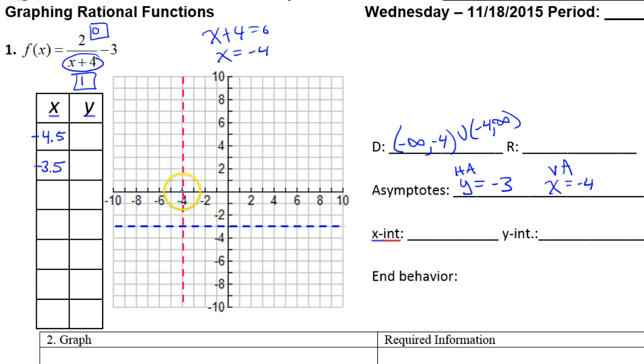Okay, beyond that, you can use a couple other values to the left and a couple other values to the right. So, for example, we did -3.5. I could do -3. I'm sorry, that's not what I meant. We did -4.5. So continuing on the left, I could do -5 and -6. Okay, we did -3.5.